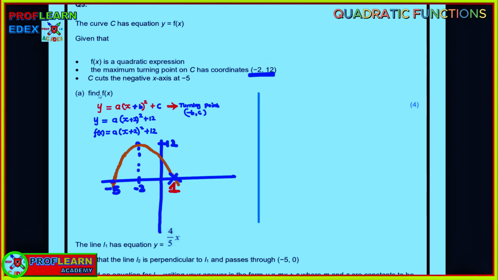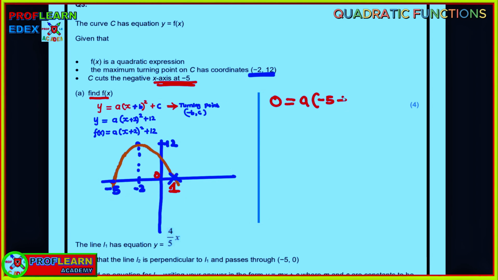Now, we need to find f of x, so we need to know what a is. Because we were told that the graph cuts the x-axis at -5, and on the x-axis y is always equal to 0, we can now say 0 is equal to a into bracket -5 plus 2, squared, plus 12. In place of x we are replacing -5 so that we can find what a is.